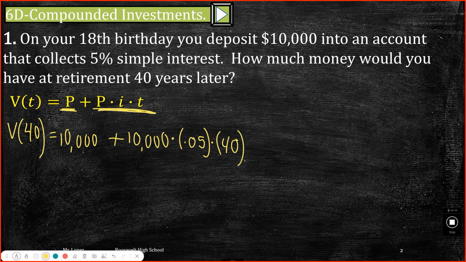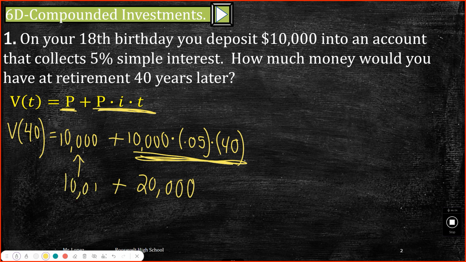So this is what I just did before, but we just did it in a different way. This is the formula for simple interest, where this is your money, and this is how much you're making off of your investment, which is going to be 20,000, plus the 10,000 that was yours.